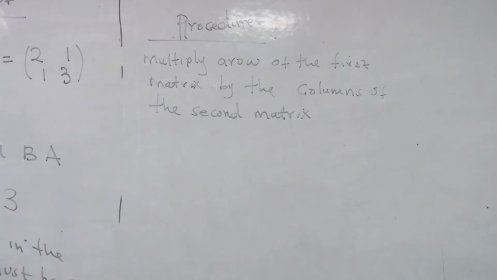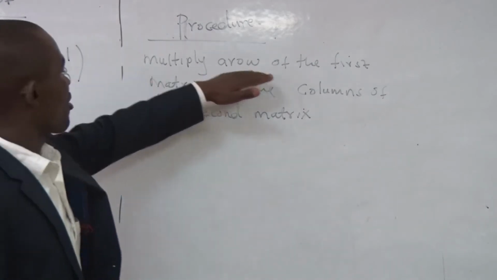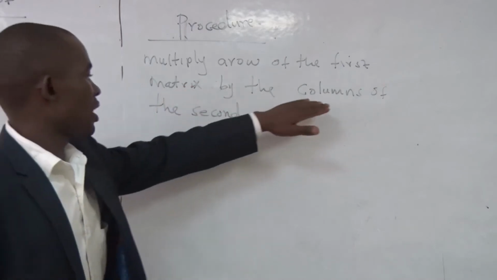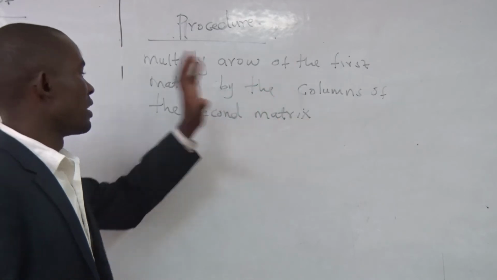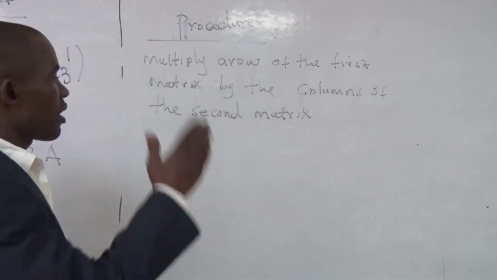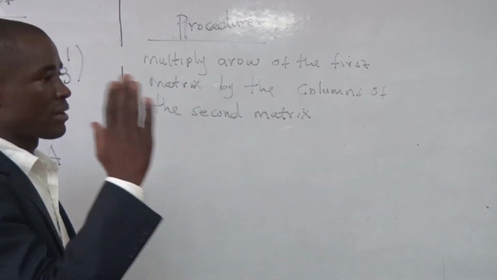So I'm saying whenever you are carrying out multiplication, you will multiply a row of the first matrix by the columns of the second matrix. So the first row will multiply all the existing columns of the second matrix.